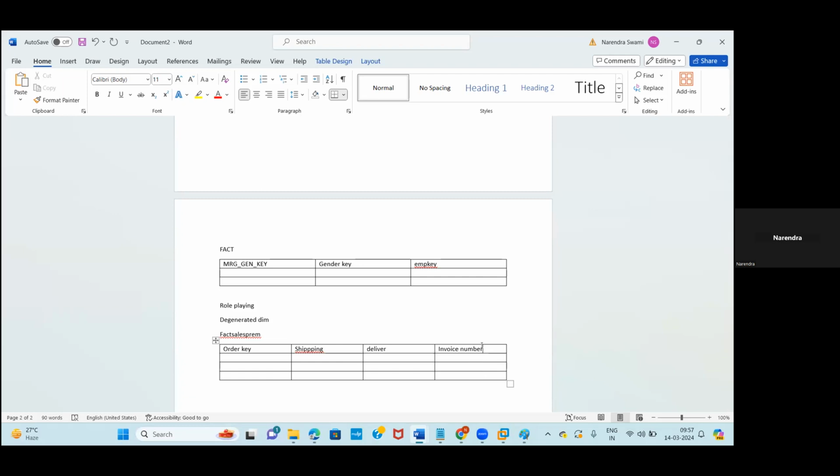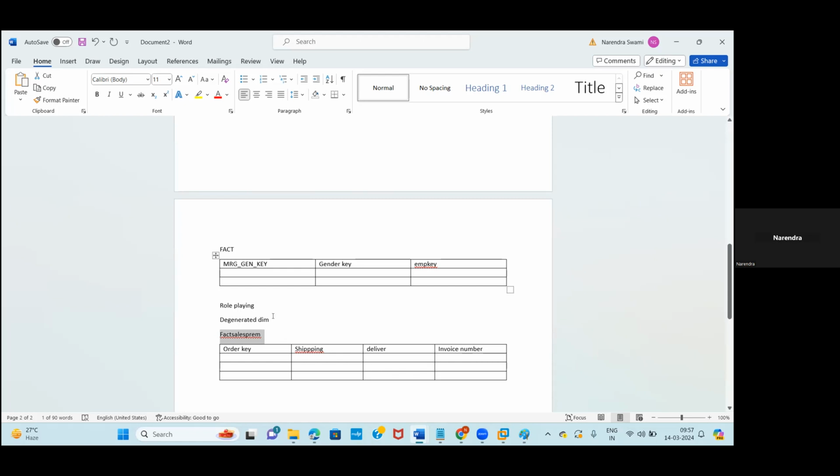So without having a relation with the dimension table, you can derive something by using this invoice number, which is called a degenerated dimension. This dimension key is available in the fact table itself, even though this column is working as a dimension. That is why it is called degenerated. It is generated in a fact table, so it is called a degenerated dimension.